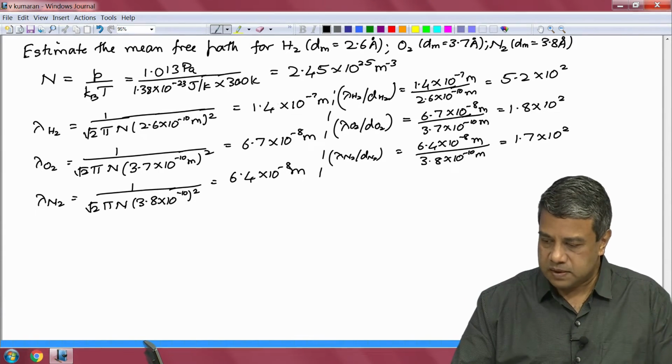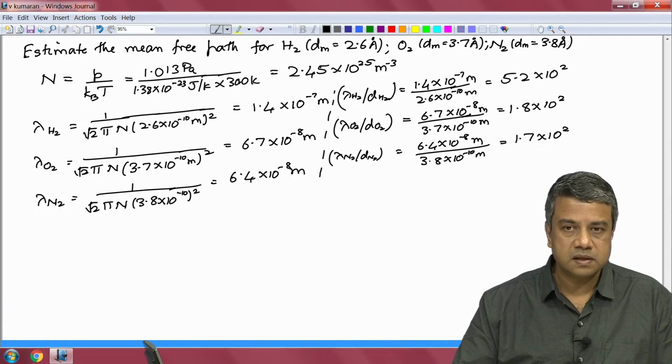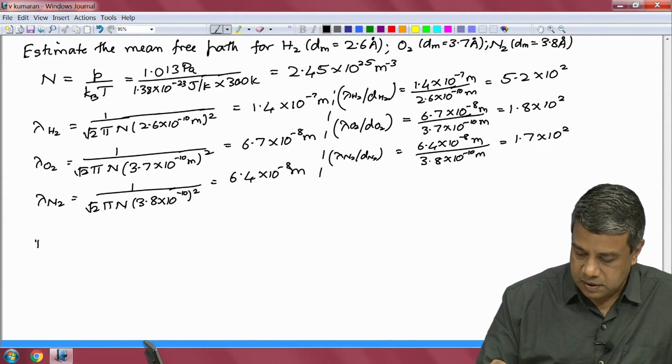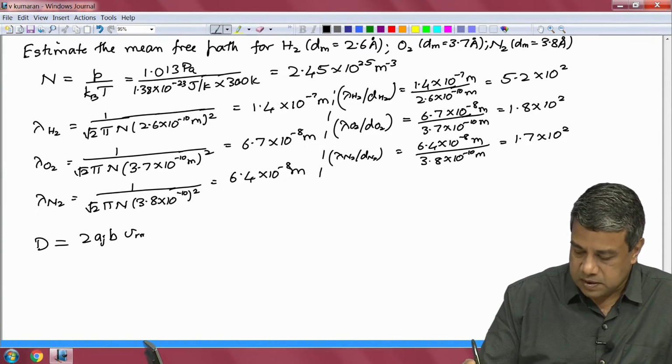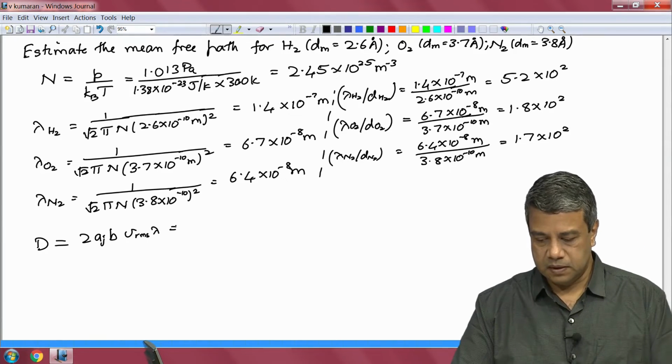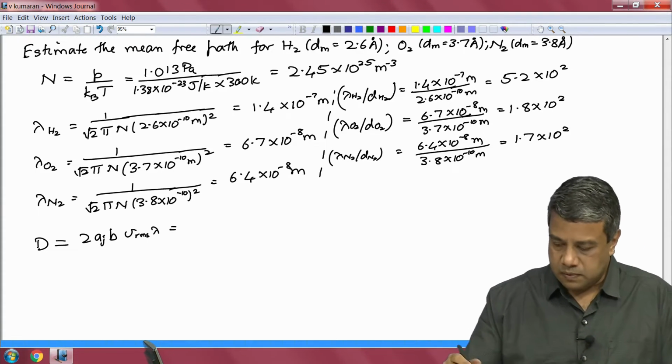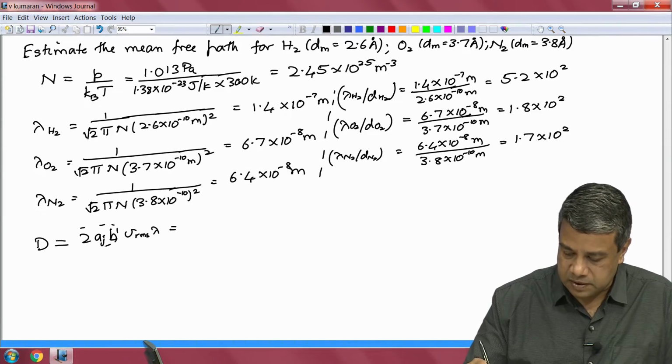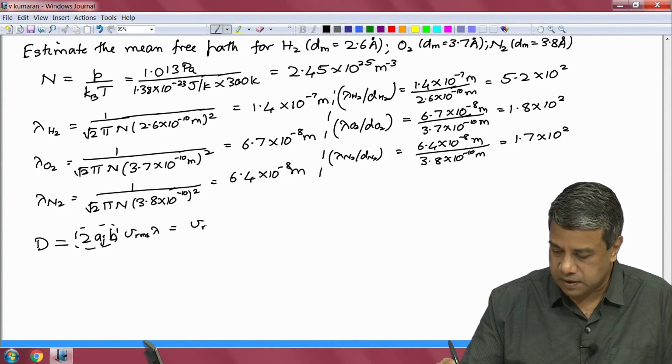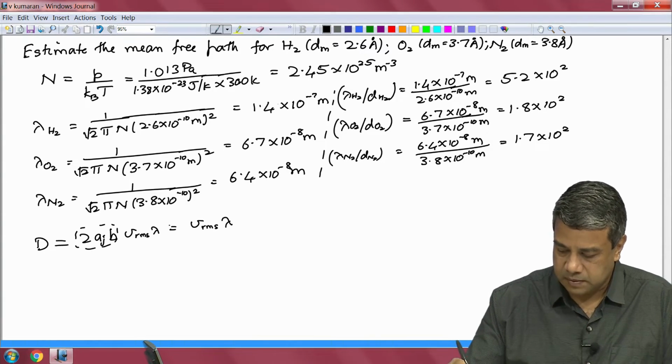Now that we have these two estimates, we can estimate the diffusion coefficient. D is equal to some constant times V_RMS into lambda. So, within a multiplicative constant, it is equal to V_RMS into lambda.